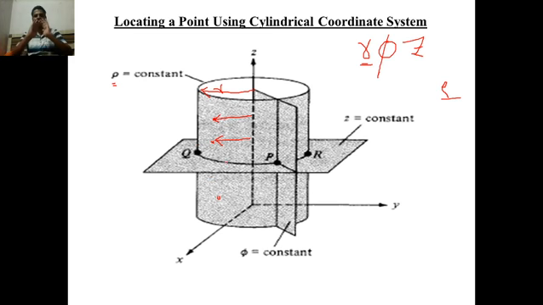That's why this outer surface is called as r equal to constant plane. Suppose the radius is r equal to 4. So how will you denote it? It will be r equal to 4 plane. This outer cylindrical surface is now called as r equal to 4 plane. Suppose the radius of this cylinder is 6, then the outer surface will be r equal to 6 plane. Why? Because the r coordinate of any point on this outer surface will be 6.